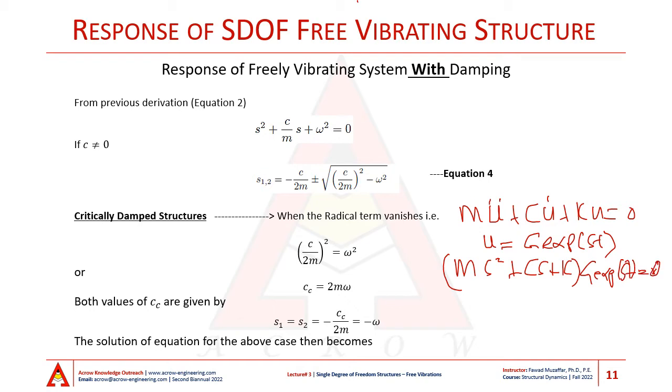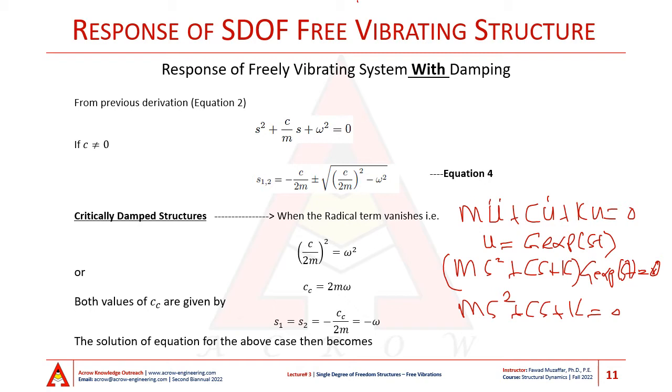Now, we know that g exponential of st cannot be equal to 0 for all values of t. Therefore, the term inside the round brackets has to be equal to 0, which is m s squared plus c s plus k is equal to 0.